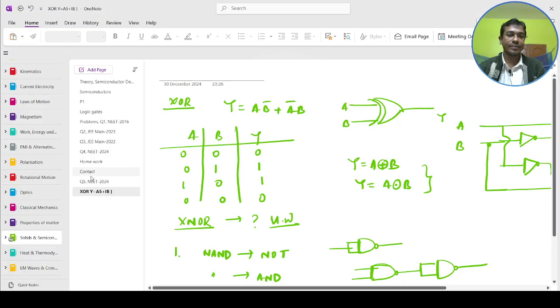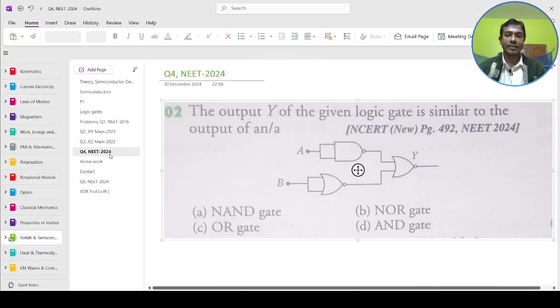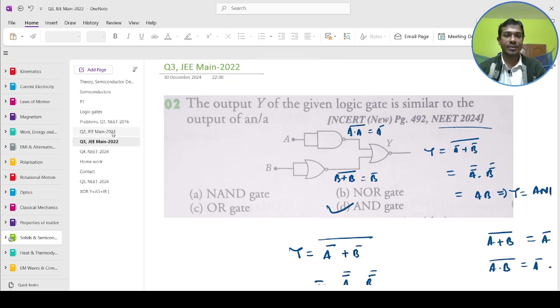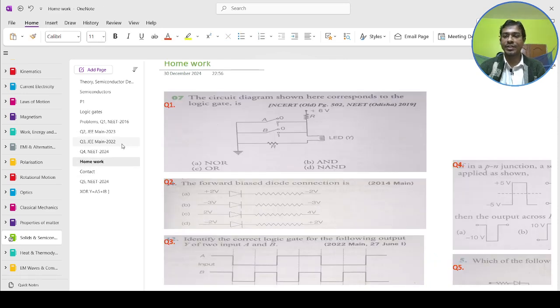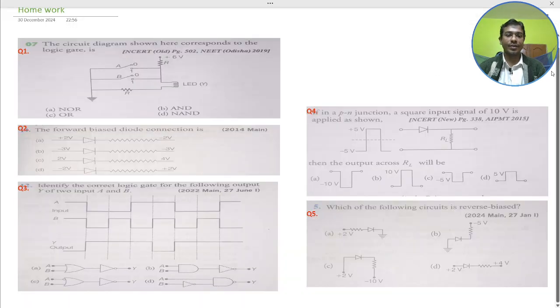So next one. So we just now covered the problem discussion session of the chapters Solids and Semiconductor Devices, and I usually give you homework for your better concept understanding and clarification. You just pause this video and take a screenshot quickly.